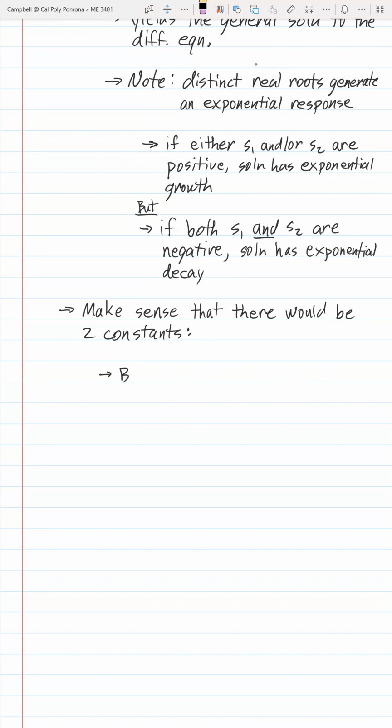Let's say that we actually knew the second derivative of X. Let's say we actually found the second derivative of X rather than working with X itself. And if that was the case and we wanted to find X, because generally that's what we're interested in, we would, of course, get two constants of integration.